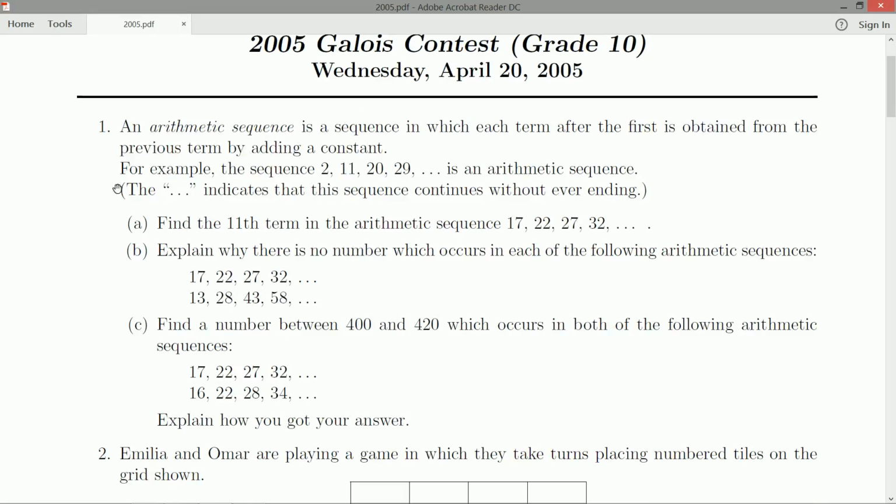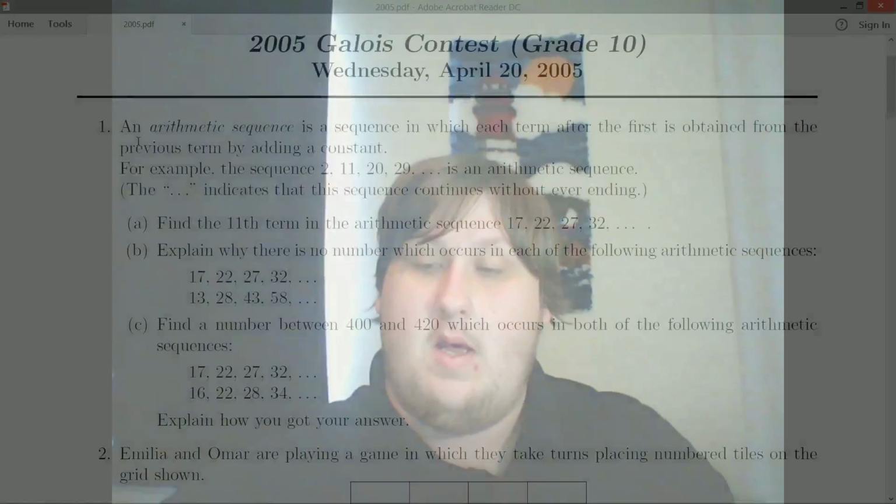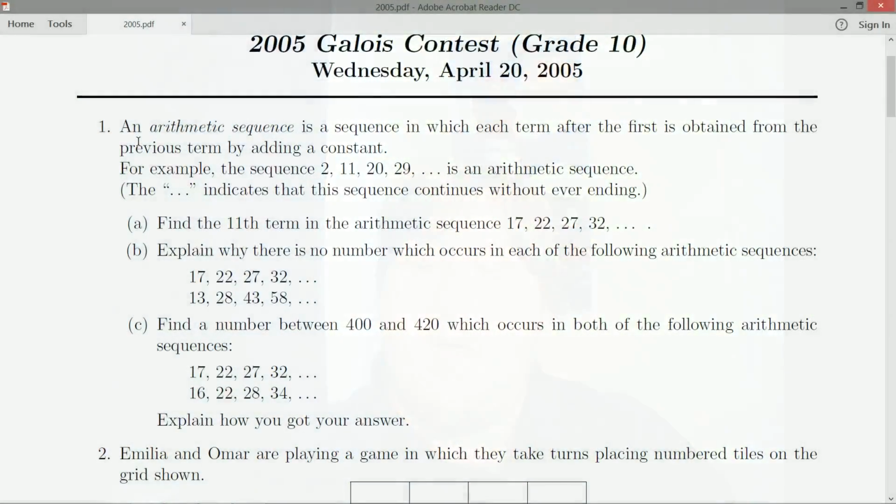All right, so let's get started with question number 1. An arithmetic sequence is a sequence in which each term after the first is obtained from the previous term by adding a constant. If you didn't know what an arithmetic sequence is, which you hopefully should, either for this contest or for future contests, it's a very nice concept, along with geometric sequences. But if you didn't know that, there's a nice handy definition.